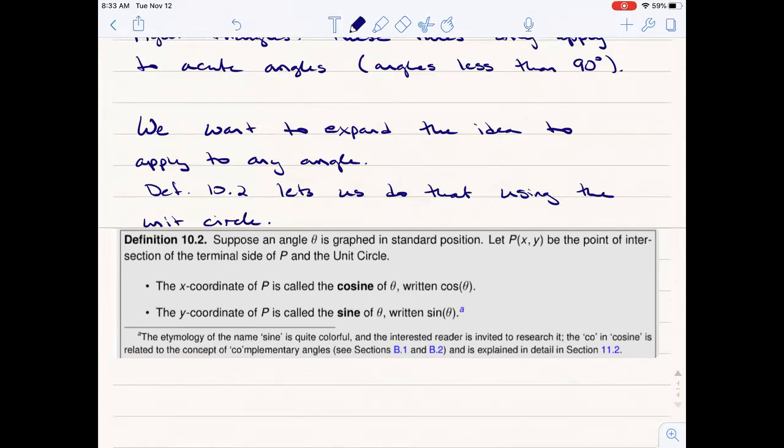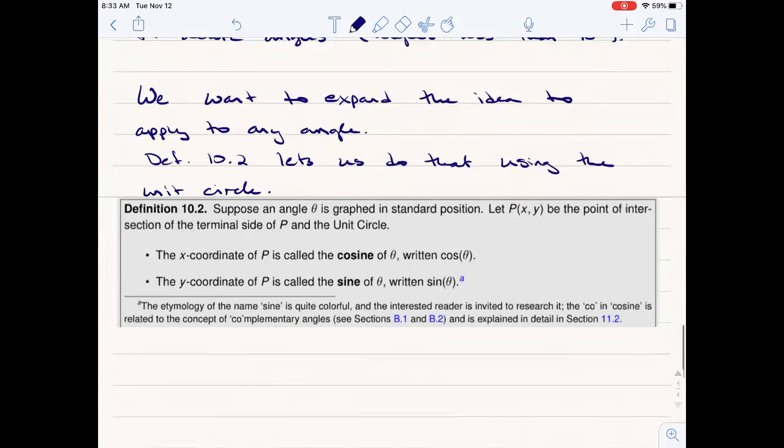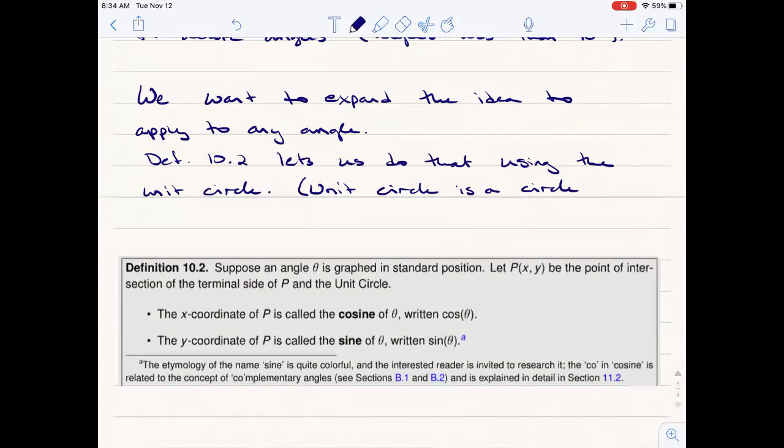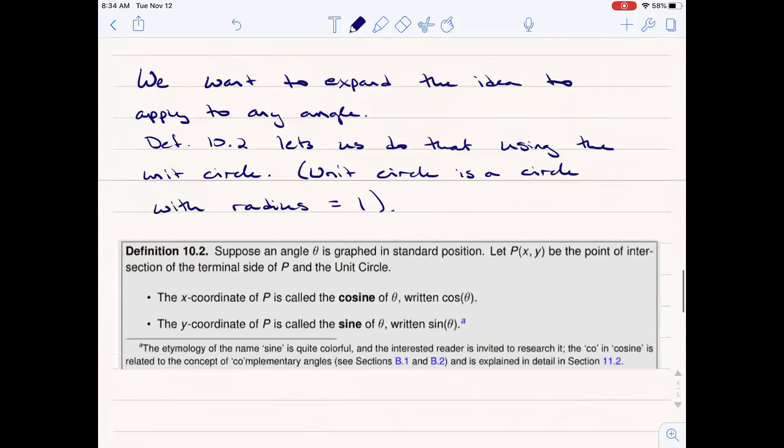The unit circle is a circle with a radius of 1. Special case circle. Okay.